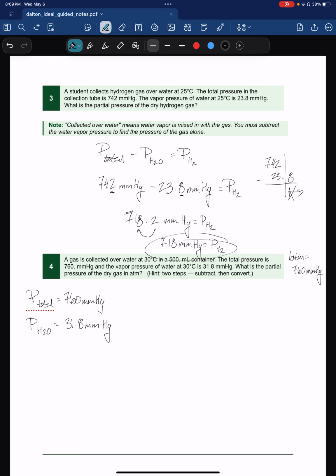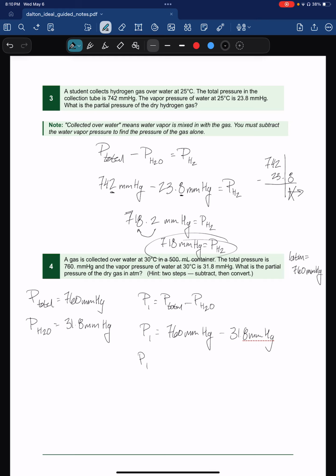So the partial pressure of the dry gas is going to be the pressure total minus the pressure of just the water. And so we got 760 millimeters of mercury minus 31.8 millimeters of mercury.